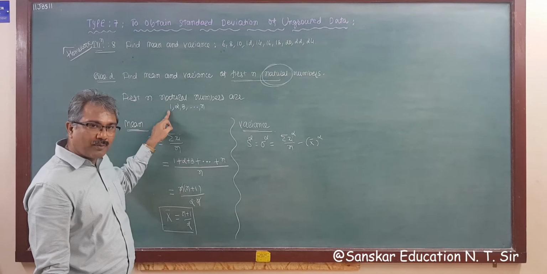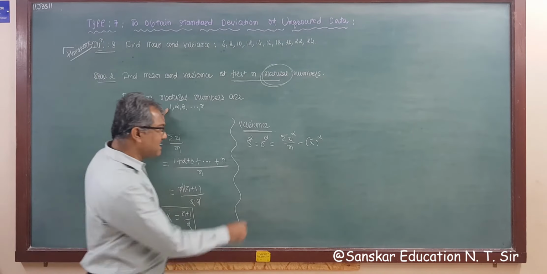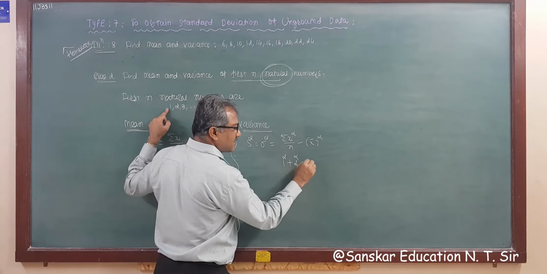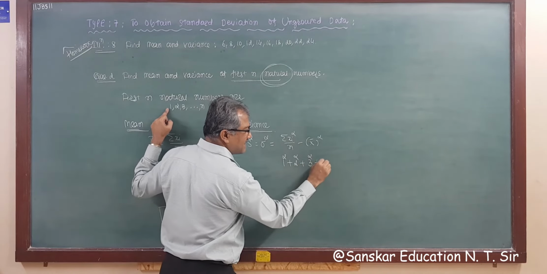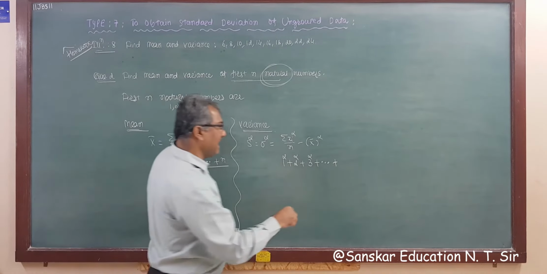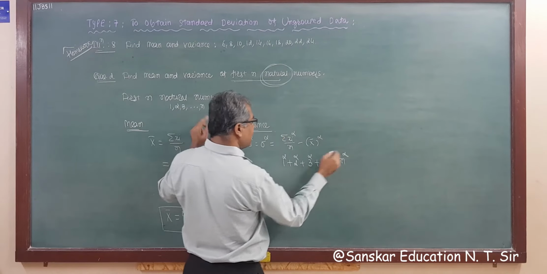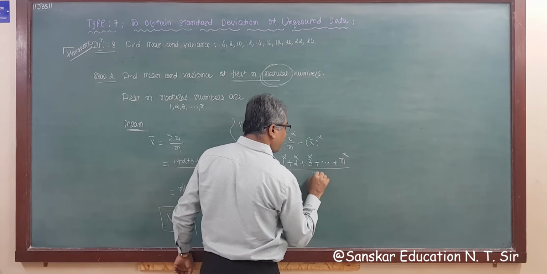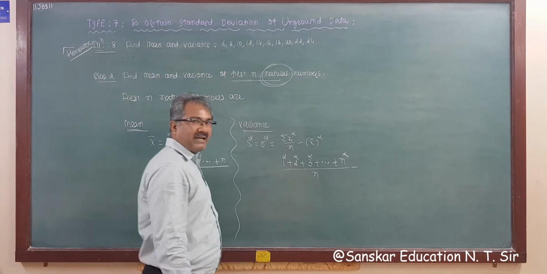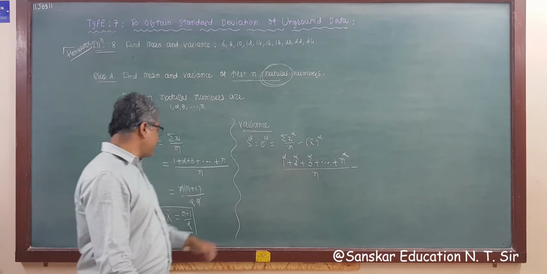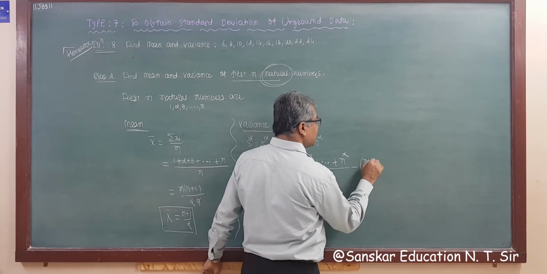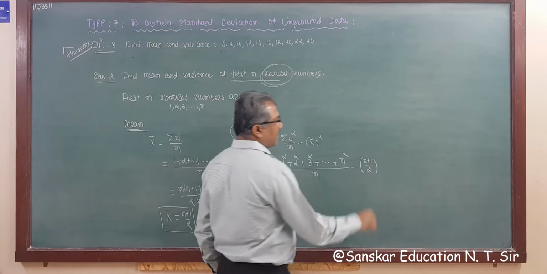So the square of 1 is 1 square, the square of 2 is 2 square, the square of 3 is 3 square, plus up to the last number n, so n square, whole upon n, minus x bar whole square. X bar is n plus 1 by 2, so n plus 1 by 2, right?